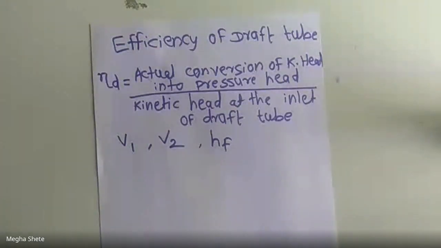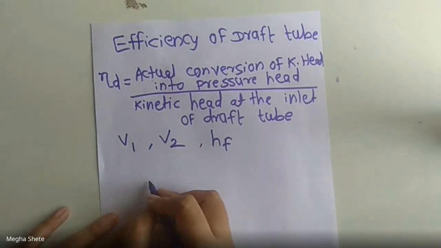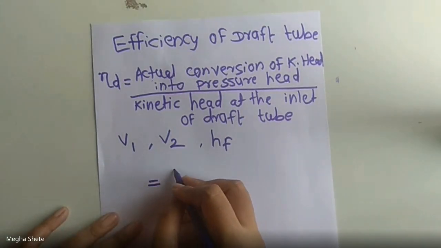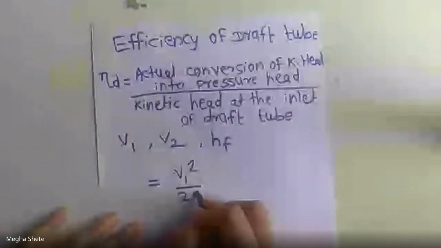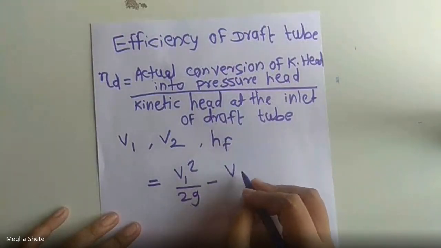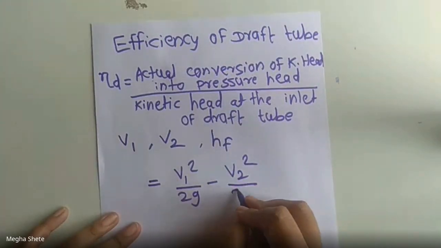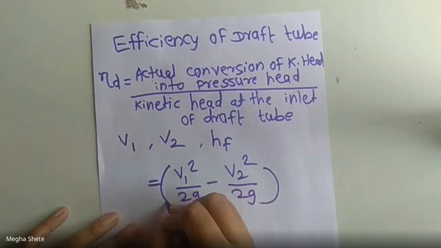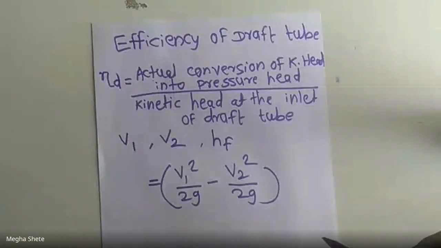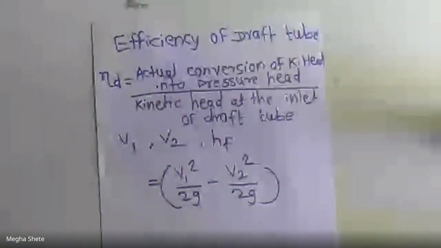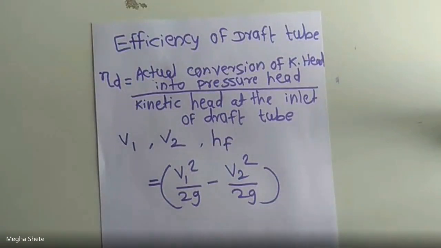Therefore, theoretical conversion of kinetic head into pressure head in the draft tube is equal to V1 square by 2G minus V2 square divided by 2G. This is the theoretical conversion of kinetic head into the pressure head in the draft tube.